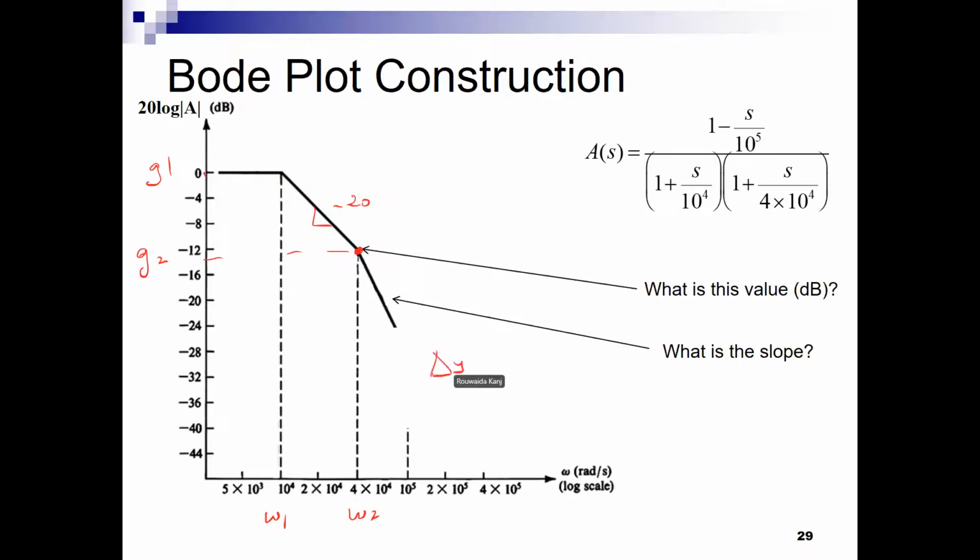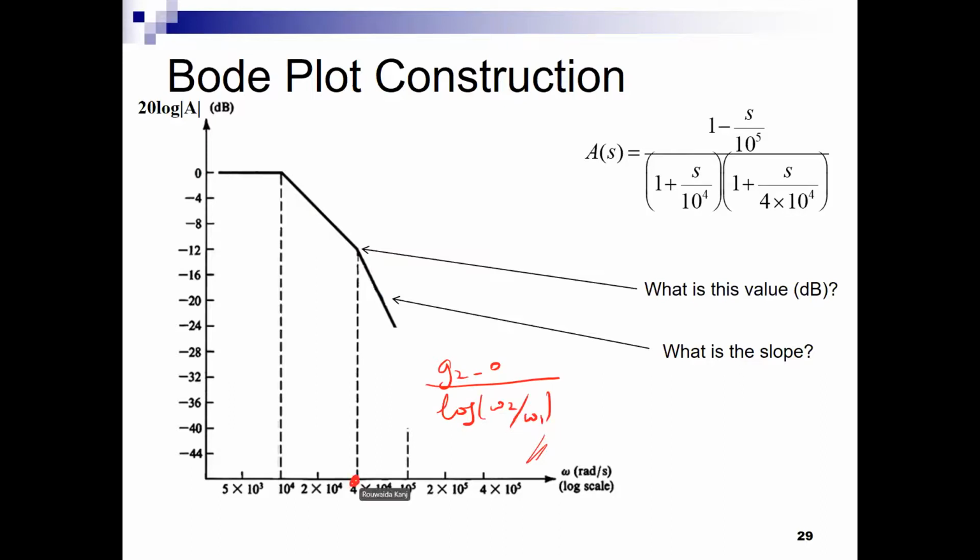We will say that delta y over delta x is equal to G2 minus G1 over log of omega 2 minus log of omega 1. And this is really G2 minus 0 dB over log of omega 2 minus log of omega 1, which is really log of omega 2 over omega 1.